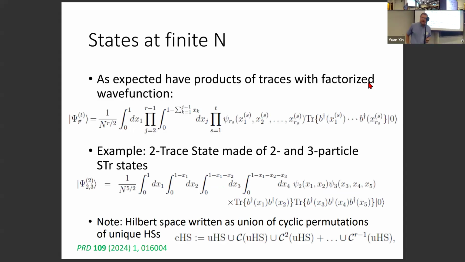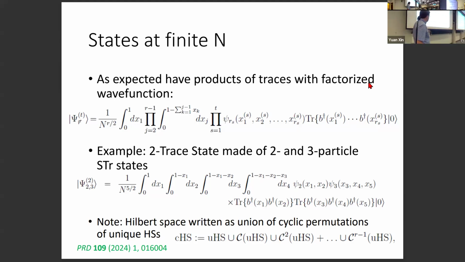So states at finite N are pretty much what you expect them to be. There's multiple trace states with wave functions, which are just distributing the momenta between these traces. And the integrals here look a little bit forbidding, the boundaries of these integrals, but they're basically there to ensure that you're working on your proper Hilbert space here.